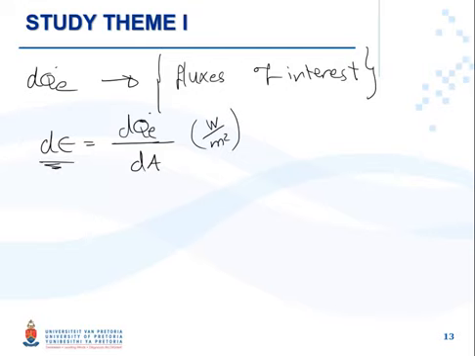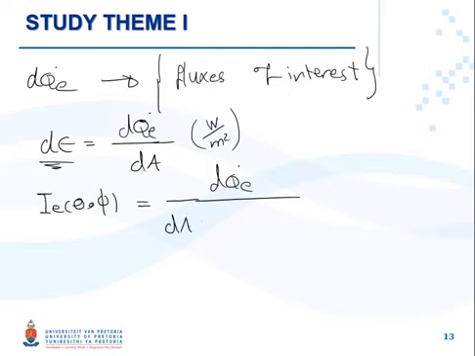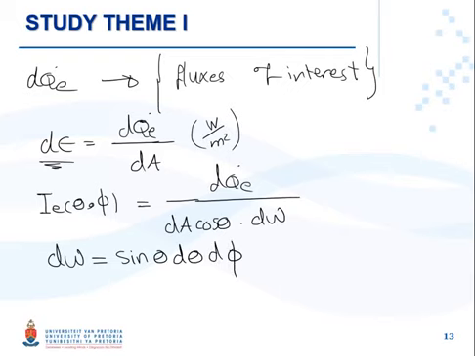So the differential emissive power we can define as differential q dot emissive divided by dA, and we also said that IE emissive, in the direction of theta and phi, is equal to dq dot E divided by dA cosine theta d omega. We also said that d omega is sine theta d theta d phi. Okay, so now we have everything, we can easily calculate it.